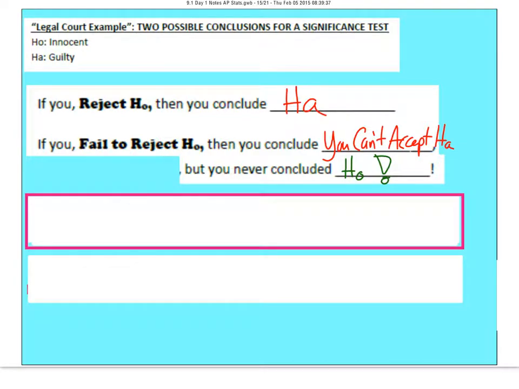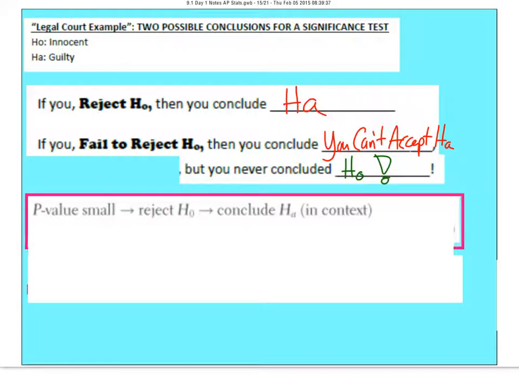So how do you have to say it? Let me tell you the proper way to make your conclusions. And here is the ultimate guide. Here's the first one again. If the p-value is small, we're going to reject H sub O. And if we reject H sub O, we therefore conclude H sub A, and we put it in context of the problem. What if the p-value is large?